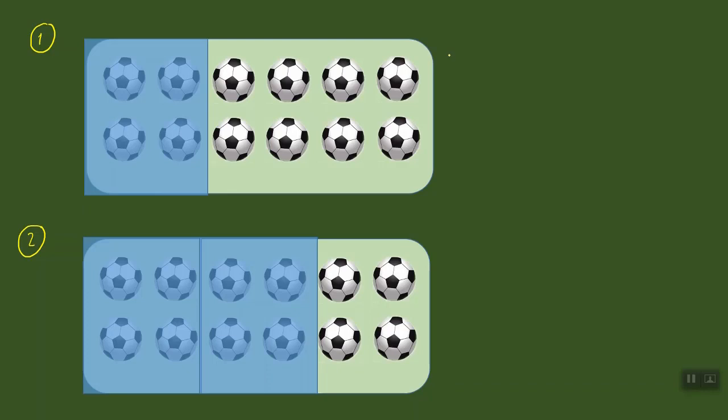So the blue layer shows a third of the whole. Can you see that that is a third part? So a third of the whole containing 12 balls is equal to 4 balls.